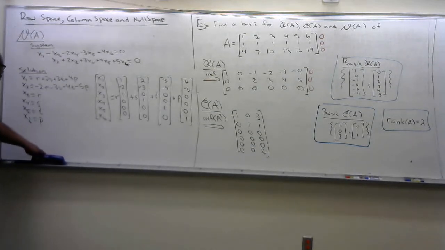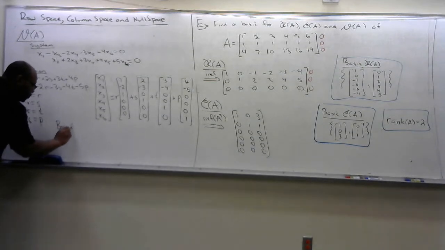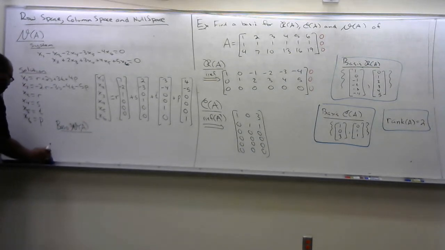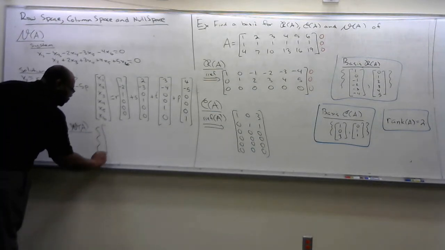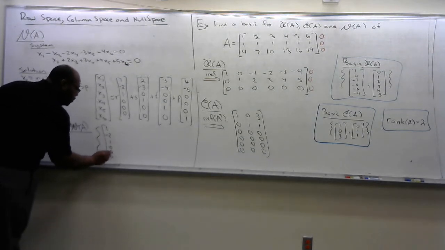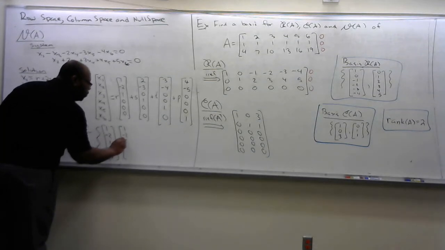So my basis for the null space of A. I'm going to have to write them on their side here, just to squeeze them in. Do I have enough space to write them on the side? No, I'll just write them here. They're our same guys that we have here. 1, negative 2, 1, 0, 0, 0.